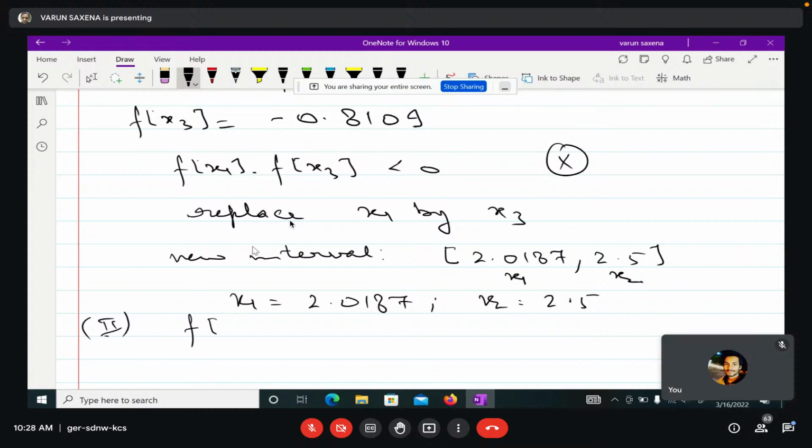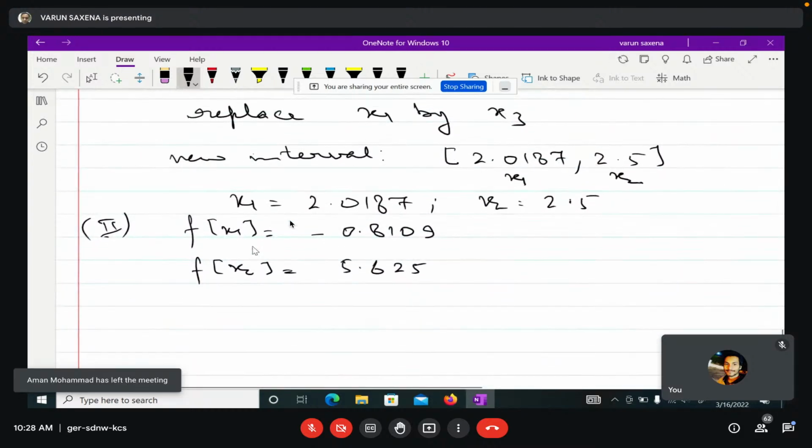Now if you calculate fx1, you will get the value to be what was earlier, 0.8109. And then if you calculate fx2, you get 5.625. You need these values because these will be used in calculating the x3 value.